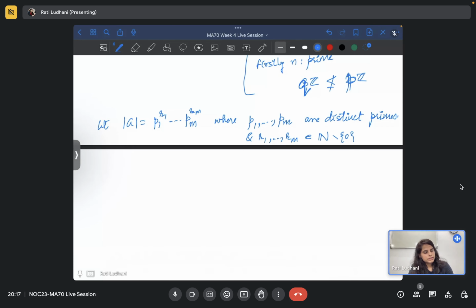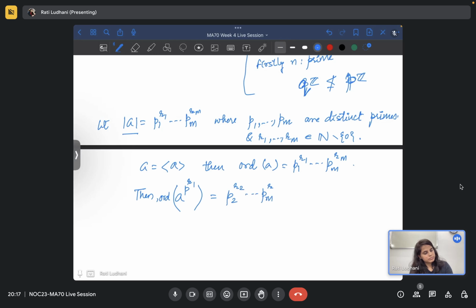Now since G is cyclic and G is generated by a, the order of a is equal to p1 raised to power r1 up to and so on pm raised to power rn. Then a raised to power p1 raised to power r1 will have order p2 raised to power r2 up to and so on pm raised to power rn.